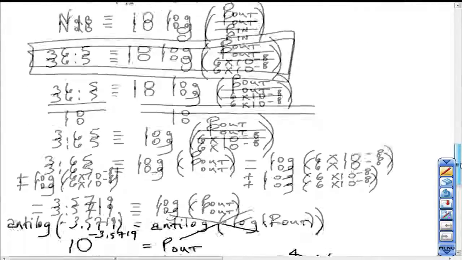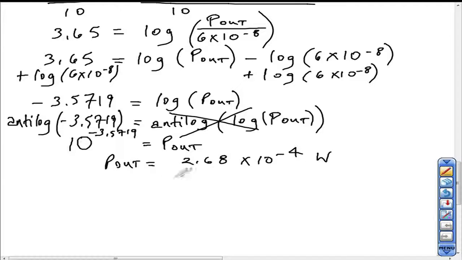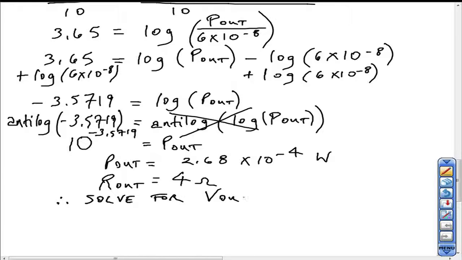So let's do it. We know output power; we just calculated it. And we know R out, that was given to us as 4 ohms. Therefore, solve for V out. This is our ultimate goal.